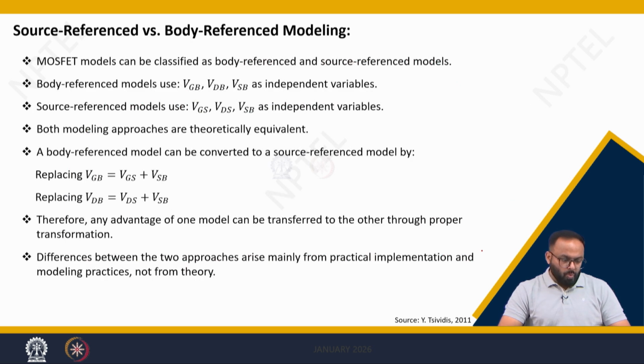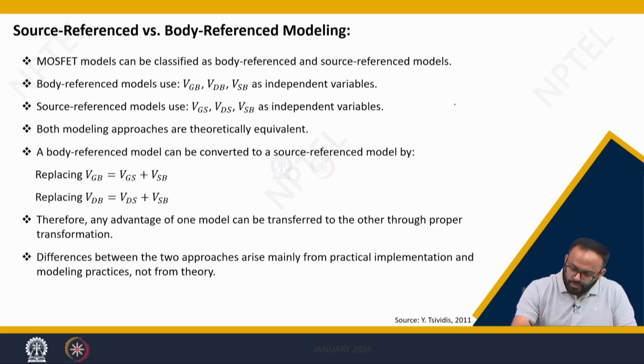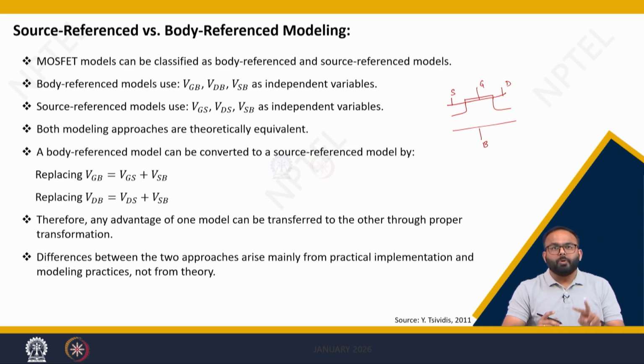Now let us see what is the difference between source and body reference, which we opted for in our previous analysis. We said that we basically have 4 terminals: gate, drain, source and body. There are two possibilities.